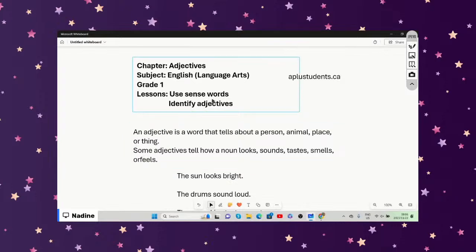Sense words are to do with your senses, right? So we have our senses where we can touch, we can feel, we can smell, we can hear, we can see. So that is a few of our senses. We're going to use sense words to describe or to tell us more about the specific noun.